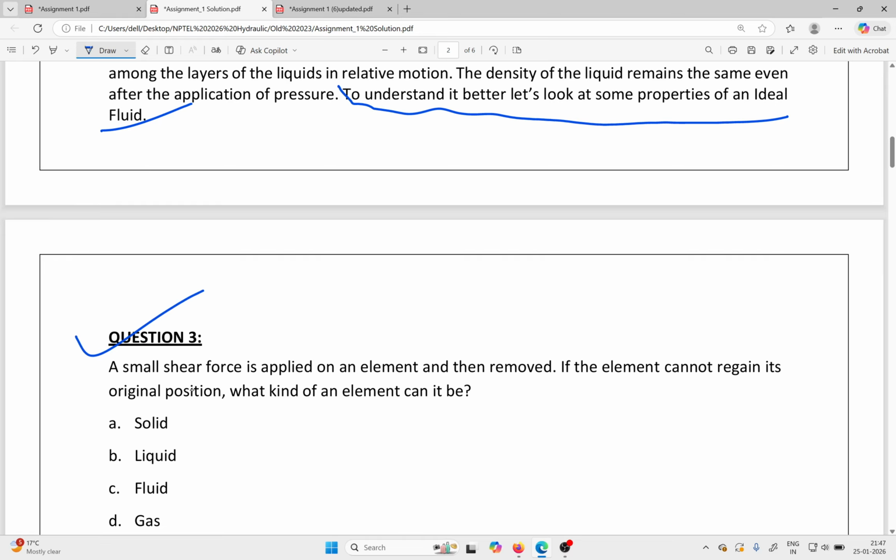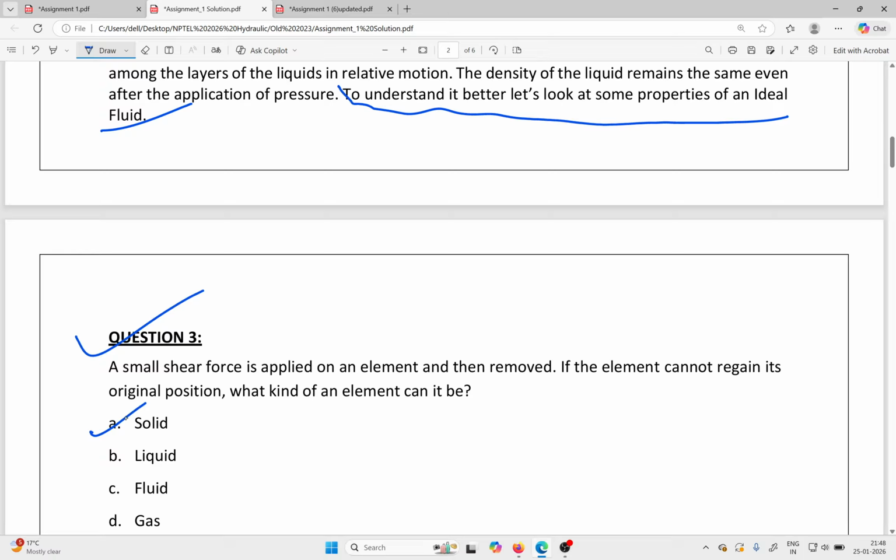A small shear force is applied on an element and then removed. If the element cannot regain its original position, what kind of element can it be?